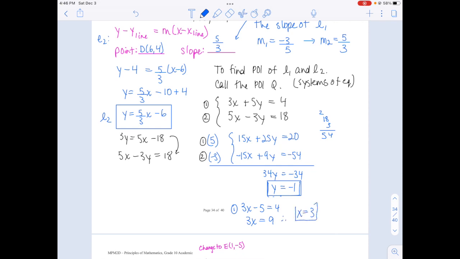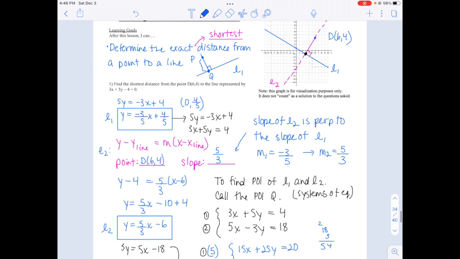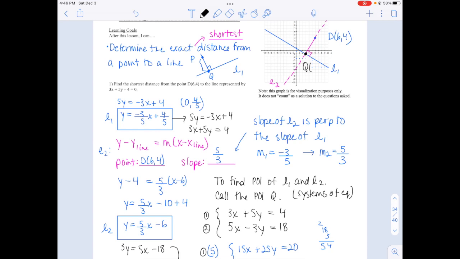Okay, let's take a step back and realize what we've done here. I want to call this point Q. Basically, what I've done is I've calculated the point of intersection of L1 and L2. And if I look at this, actually it does look very close to 3, -1.